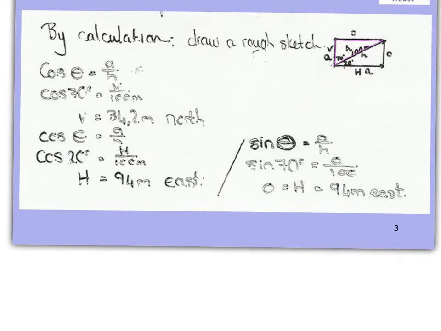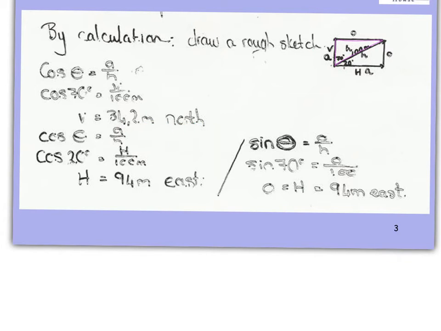Now if I am doing a calculation, I am going to say I am interested in my adjacent side, the vertical component. So I am going to say cos of 70 degrees is equal to my adjacent over my hypotenuse, vertical component over 100. I punch in cos 70 degrees multiplied by 100 and I get 34,2 meters north.